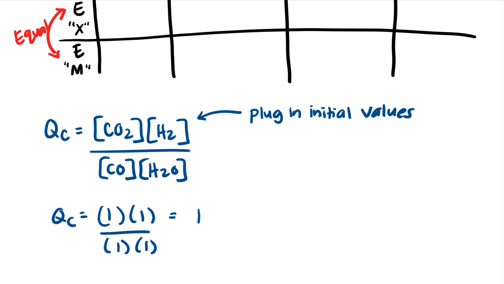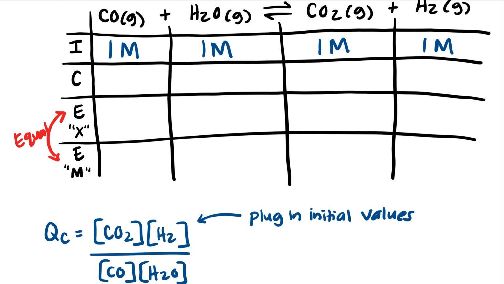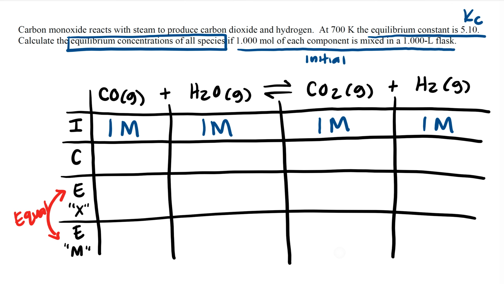Now you got to do the next step. After you calculate Q, you always got to compare Q to K. So writing it in alphabetical order, K and then Q. I know Q is 1 that we just calculated above. Now I'm going to go back to the question and look for the value of K. K is 5.10.